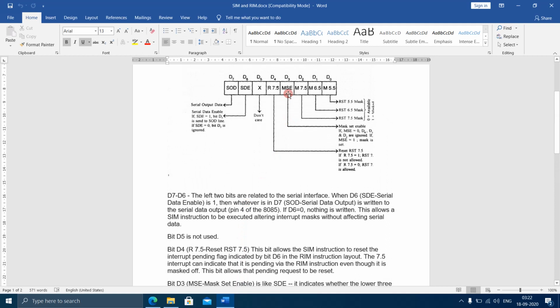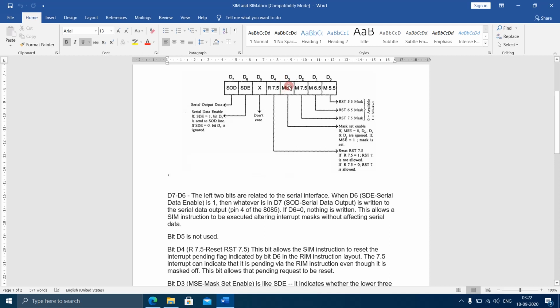Now there is the D3 bit. This D3 bit is mask set enable.